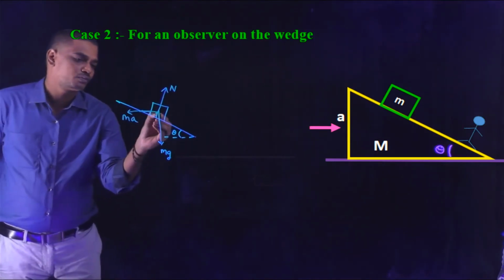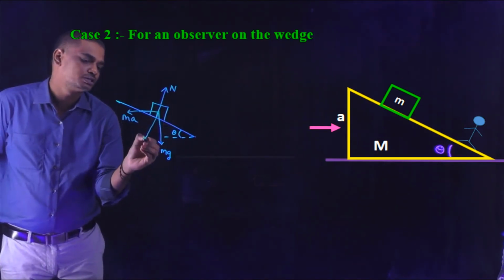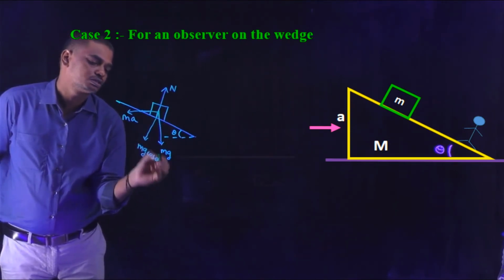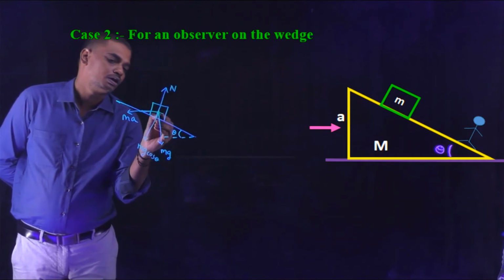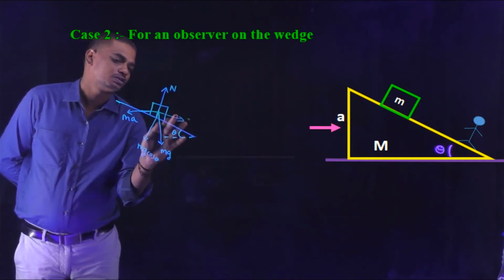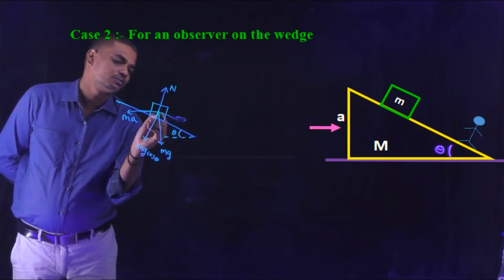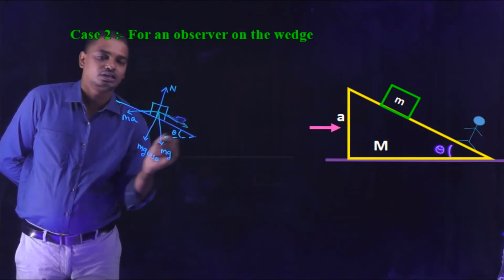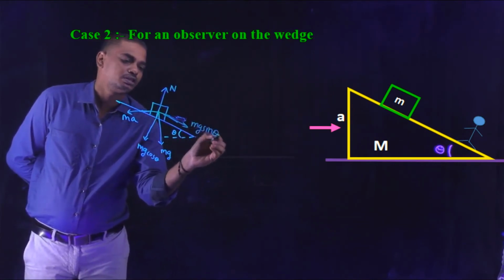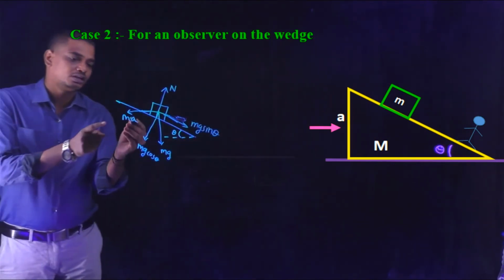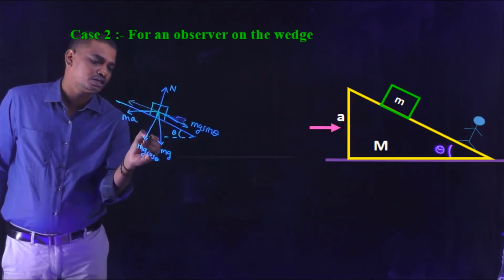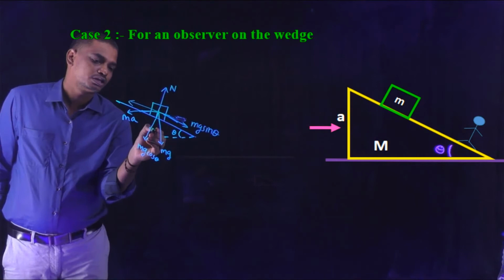The weight of the block can be resolved into two components. In this direction it is mg cos theta, and in this direction, along the wedge, it is mg sin theta. Similarly, the pseudo force can also be resolved into two components, in this direction and in this direction.